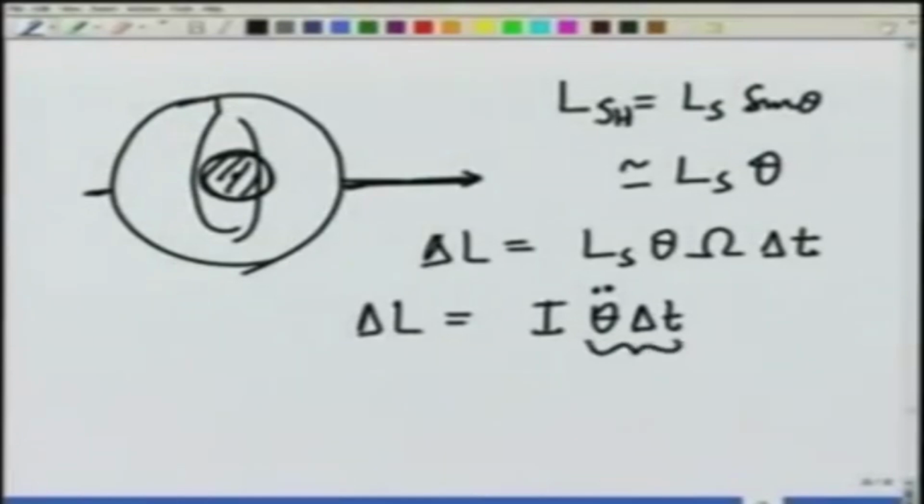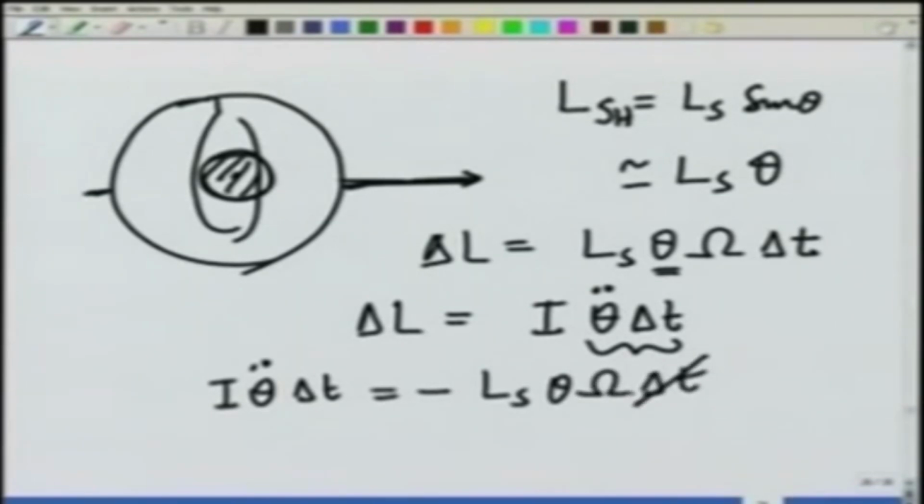This is I omega in the direction opposite to theta, and therefore, I should have I theta double dot delta t is equal to minus Ls theta omega delta t. This cancels and I get an equation for theta.